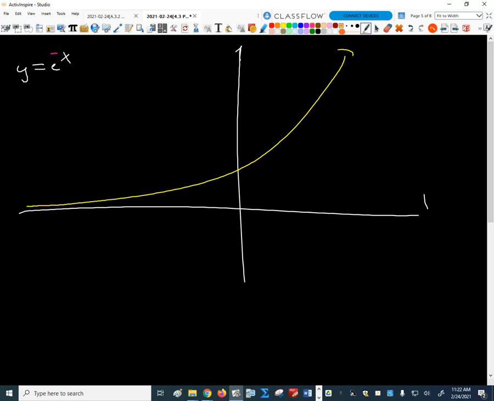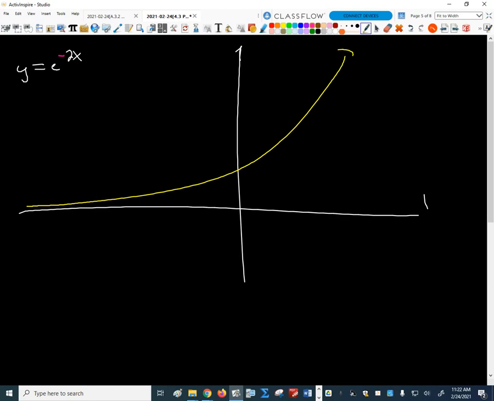Let me just make this a 2x too. e to the negative 2x is the same thing as e to the 2 times negative x, right?